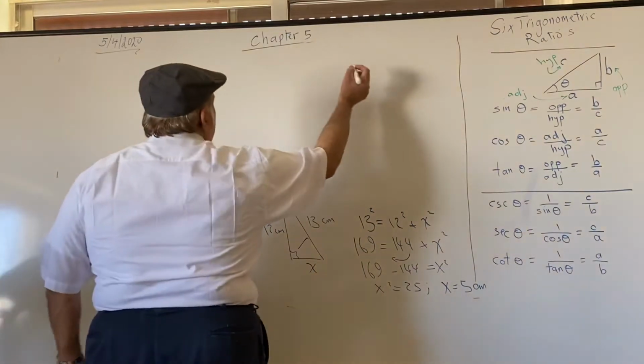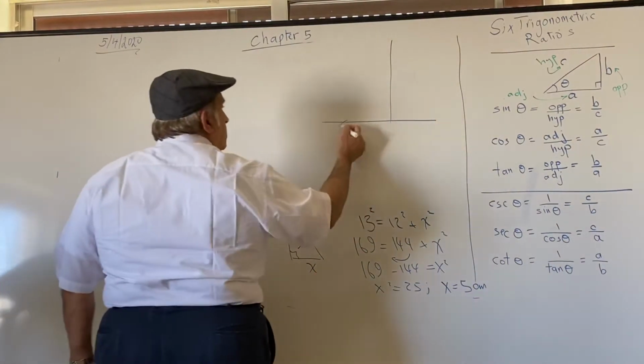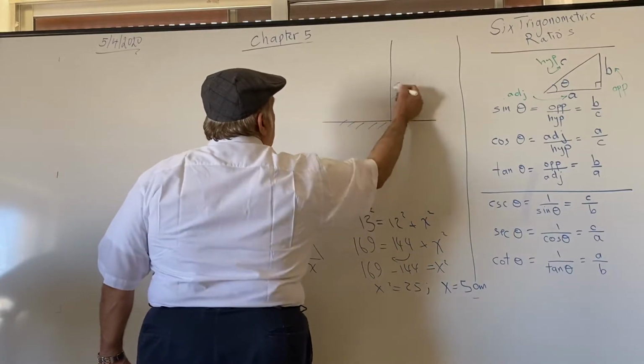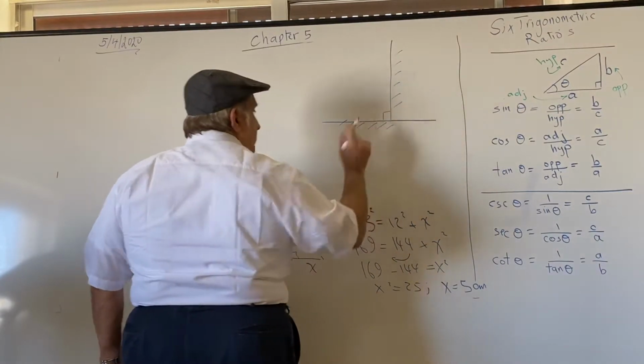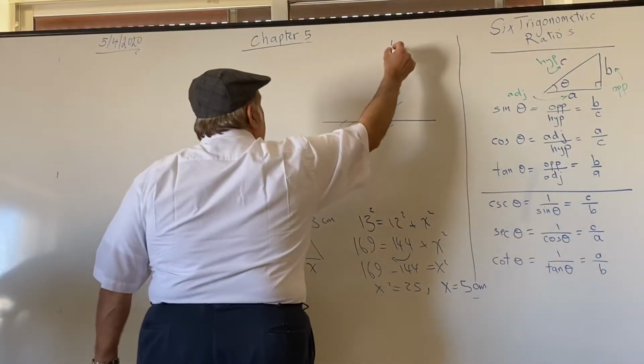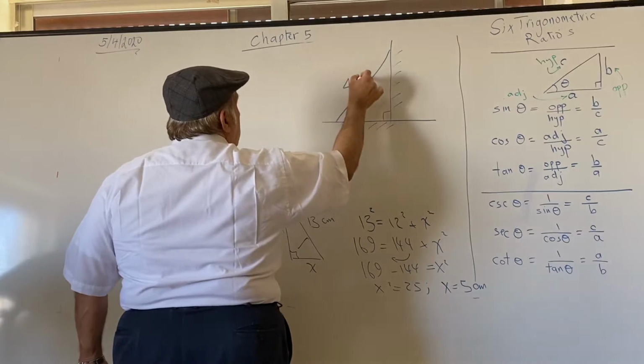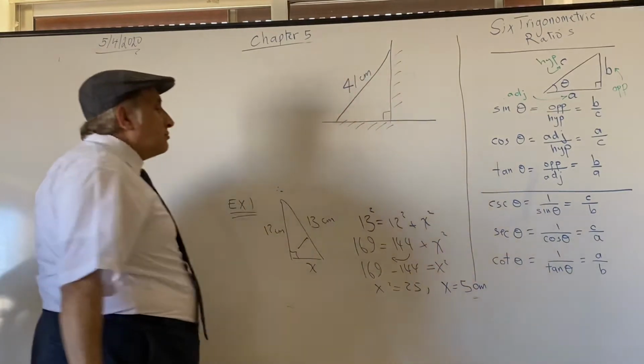Let's look at this ladder. We have a wall and the floor, and you always know walls are at 90 degrees. All right? Now, I have a ladder that is, let's say, 41 centimeters long.